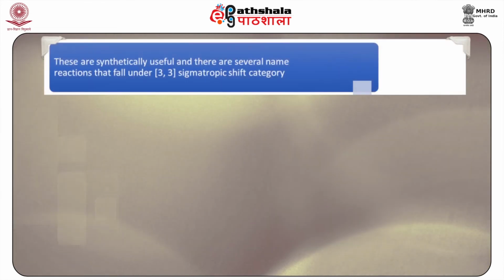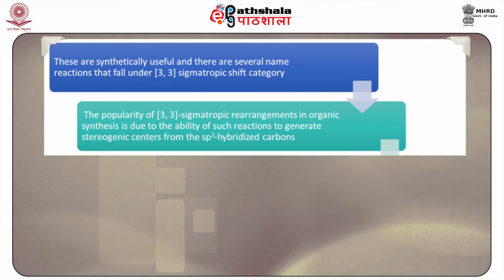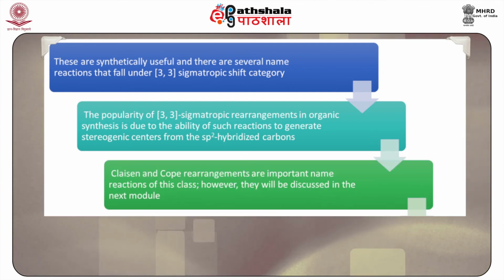These are synthetically useful, and there are several name reactions that fall under the 3,3 sigmatropic shift category. The popularity of 3,3 sigmatropic rearrangements in organic synthesis is due to the ability of such reactions to generate stereogenic centers from the sp2 hybridized carbons.